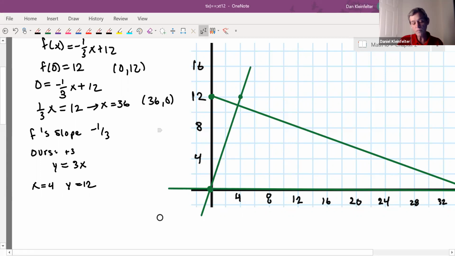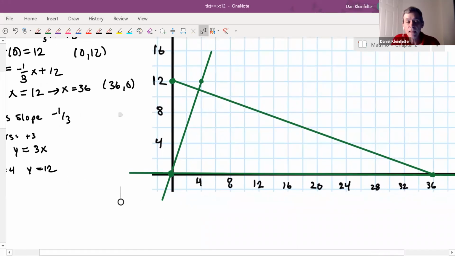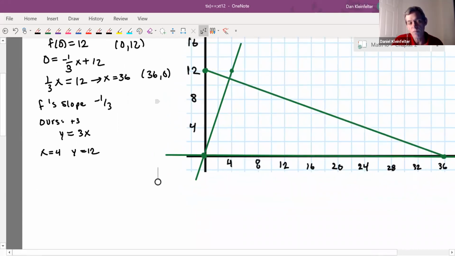Okay, all right, so there's our triangle. And so make sure that you understand the steps so far. We've basically just drawn a couple of lines when the x-axis was just given to us. We graphed negative 1/3 x plus 12. We found a line that is perpendicular to it and passing through the origin, and drew that graph also.